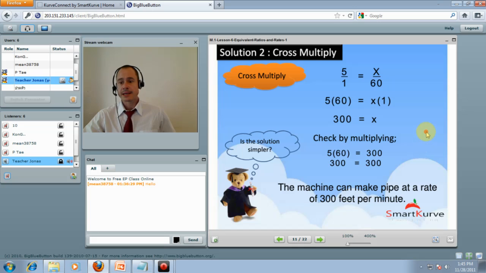And for me, I prefer this solution, this way of solving it. And we will see more examples of this. But the answer was 300 feet per minute.